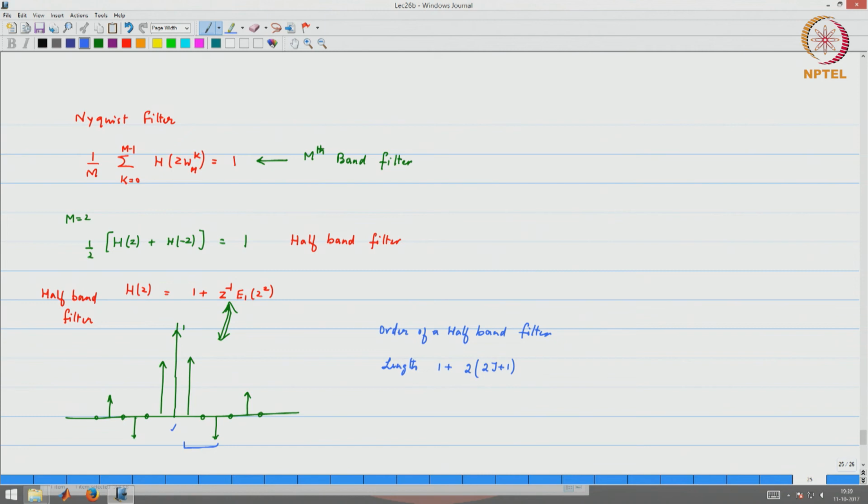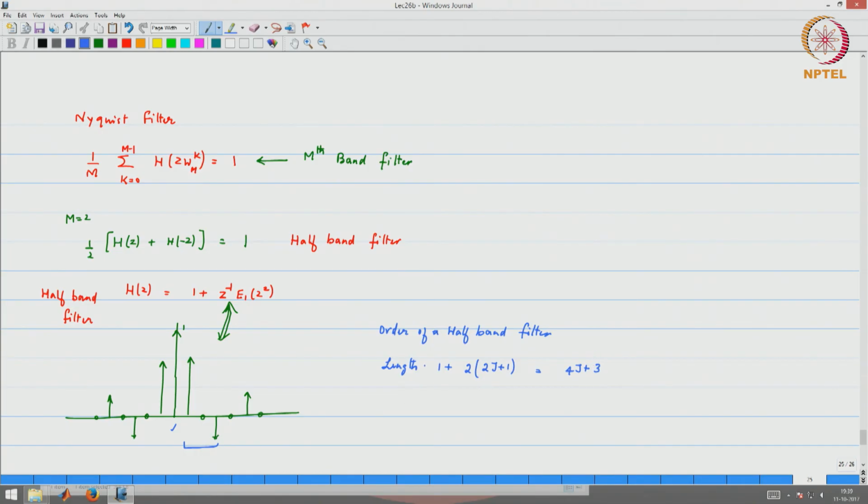Why 2j plus 1? Because it has to be an odd number of samples, because I can either get 3 samples or 5 or 7 or 9 likewise in a half band filter. I am only talking about a half band filter. So which means that the length is given by 4j plus 3, that is the length of the filter.